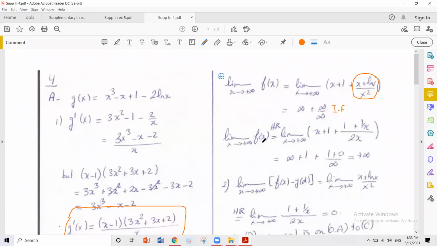So the limit as x tends to plus infinity of f of x equals, by Hospital's rule, the limit as x tends to plus infinity of x plus 1, plus derivative over derivative: the derivative of ln x is 1 over x, over 2x.